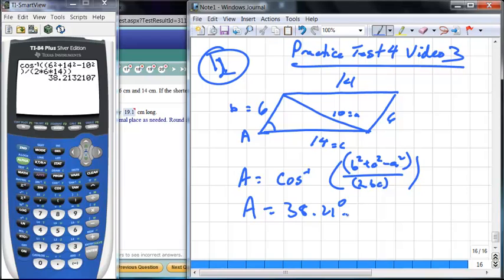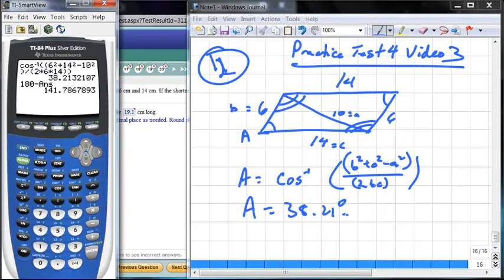Okay? Now, that means in a parallelogram, opposite angles are the same size, and these two are the same size, and these two are supplementary. The four angles add up to 360 degrees. So I need 180 minus that. That's going to give me the angle down here at the bottom.